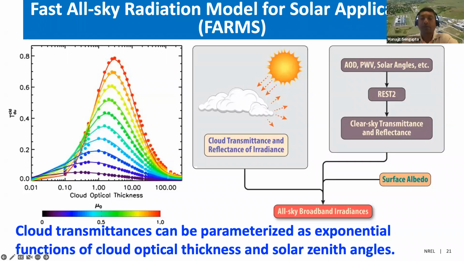So that's what has worked in our favor. Compared to the atmospheric models, which are much slower, we developed this parameterized model, FARMS, so that we can basically process millions of pixels in a very short period of time. And that's what makes the current NSRDB product feasible.